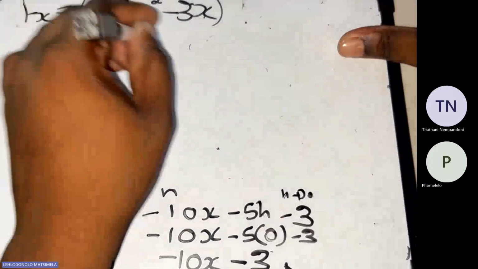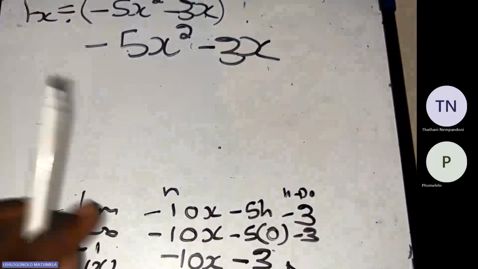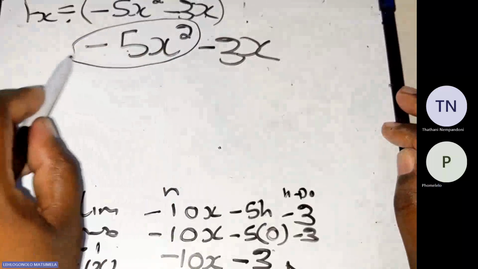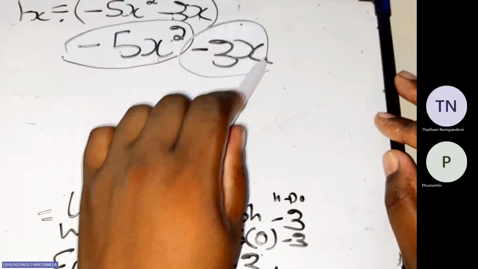So here we are having minus 5x to the power of 2 minus 3x. So which means now we are having two parts. The first part is minus 5x to the power of 2. The second part is minus 3x.